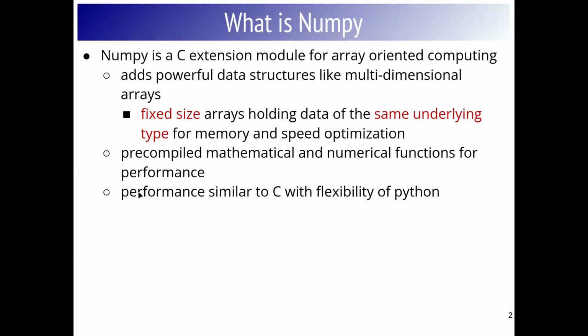So the important point is that the performance of the NumPy array is similar to C, exactly similar to C. And as I said, it was developed by experts and optimized over the years. And also one of the very high level concepts of NumPy is that you have pre-compiled mathematical and numerical functions for performance. I don't want to really go into detail. I am not an expert in that.